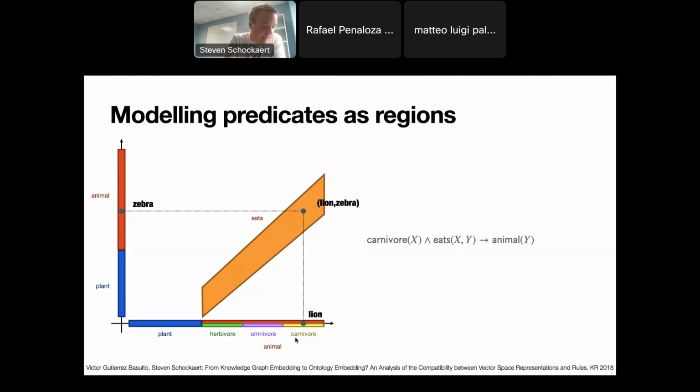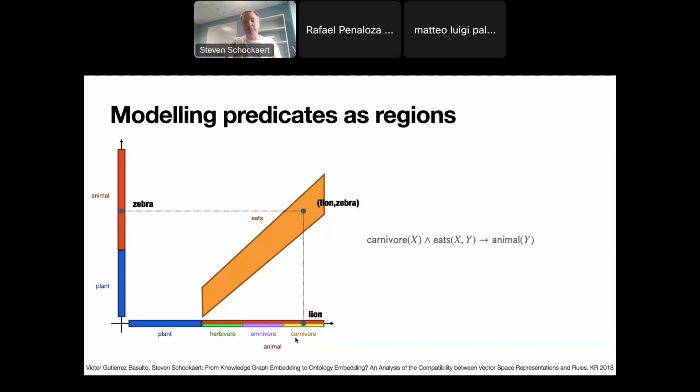Well, whenever we have a point, like this lion-zebra point, such that the point itself is in the eats region, so in other words eats(X,Y) holds, and the first entity, the projection on the x-axis, is in the carnivore region, so this is the first argument, then it will always be the case that the second entity, the projection of the point on the y-axis, is in the animal region, right?